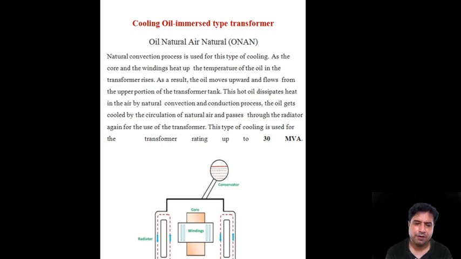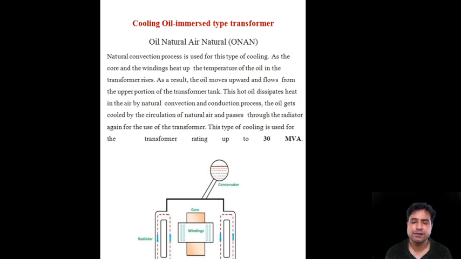So what happens is, when oil gets heated up, it expands and enters these radiators, and it circulates through these radiator vents. In these vents, the surrounding air works through the radiator tubes on the oil and cools it, and this is how we maintain the temperature inside the transformer within safe working limits.